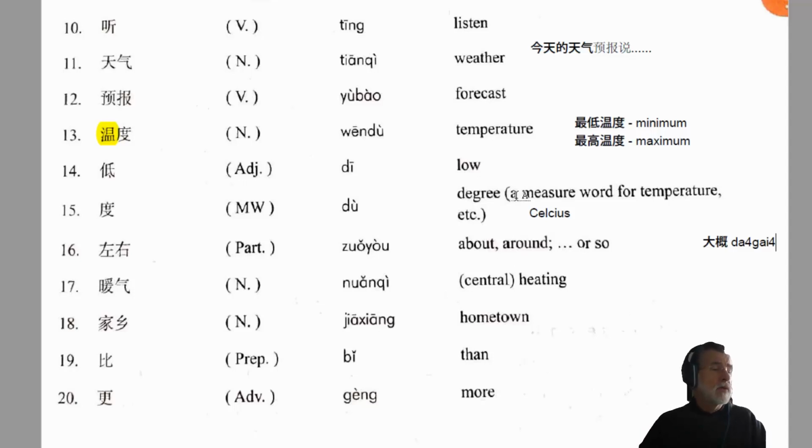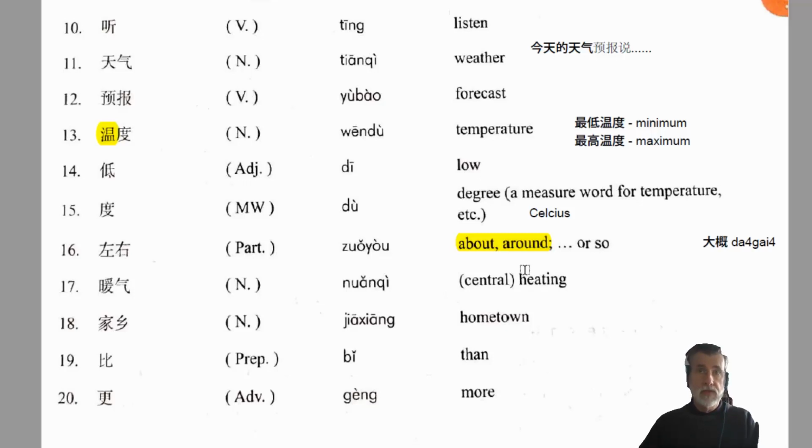This new about or around, firstly it's pronounced 左右. I think you should know what those two characters mean. 左, left, and 右, right. 左右. That means about. What's important in terms of the difference with 大概 is that the 左右 comes after the thing it's modifying.